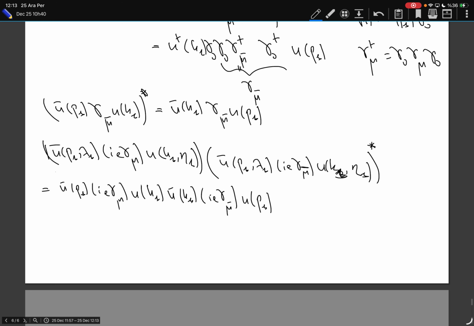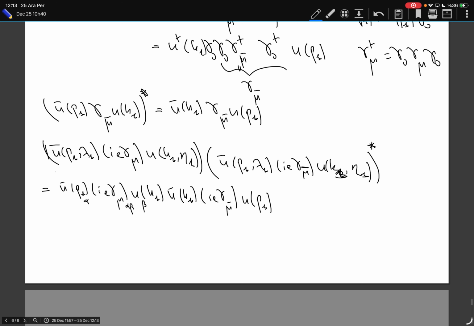This is my product. Now, this will be nice. We will simplify it. We have a spinor and its Dirac conjugate spinor next to each other. But I have the same thing for u p1 and u bar p1, but they're on the other ends of this product. So let me just write everything in terms of matrix components.